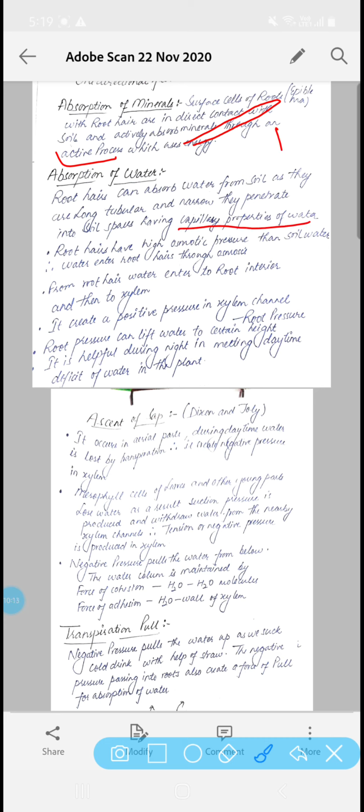That kind of capillary action is observed when the root hairs are absorbing water from the soil interspaces. Those root hairs have higher osmotic pressure than the soil water, so the water enters into the root hairs through the process of osmosis.